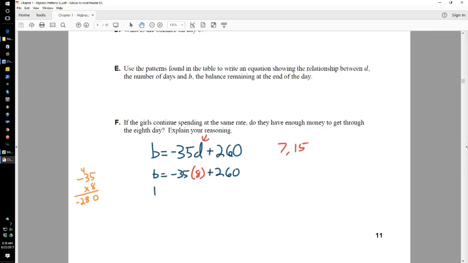So B equals negative 280 plus 260, which leaves me with negative $20. So the answer is no. They don't have enough to get through the 8th day.